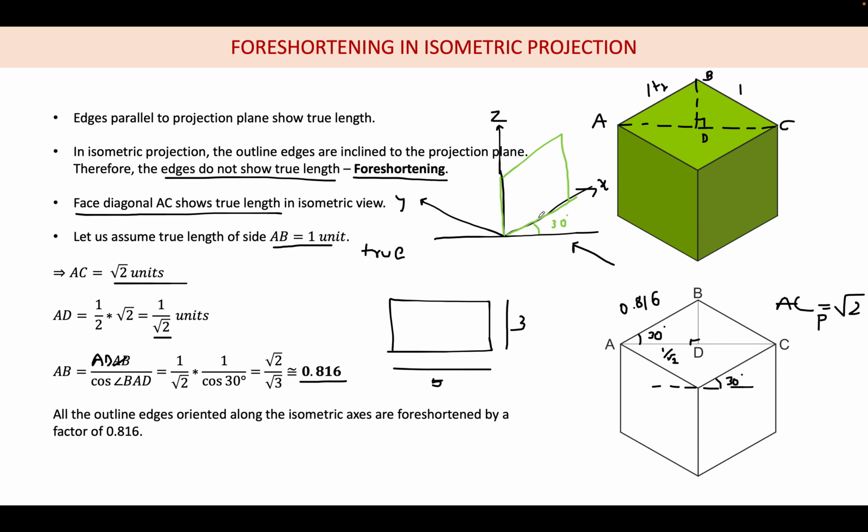When I am representing this here, I will mark the points A, B, C, D. So the true length of AB is 5, but the isometric length will be 5 into 0.816. So this will be slightly more than 4 mm, but less than 5 mm. Similarly, BC will be 3 times 0.816.